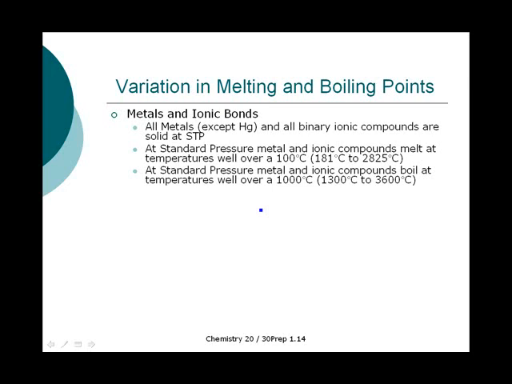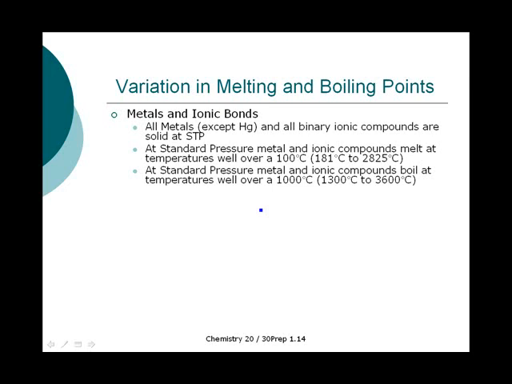At standard pressures, all metals and ionic compounds melt at temperatures well over 100 degrees Celsius. Most of them don't start melting until at least 181 degrees Celsius. For a lot of the metals and even for a lot of the ionic compounds, you have to get into temperatures of the thousands before they actually melt.